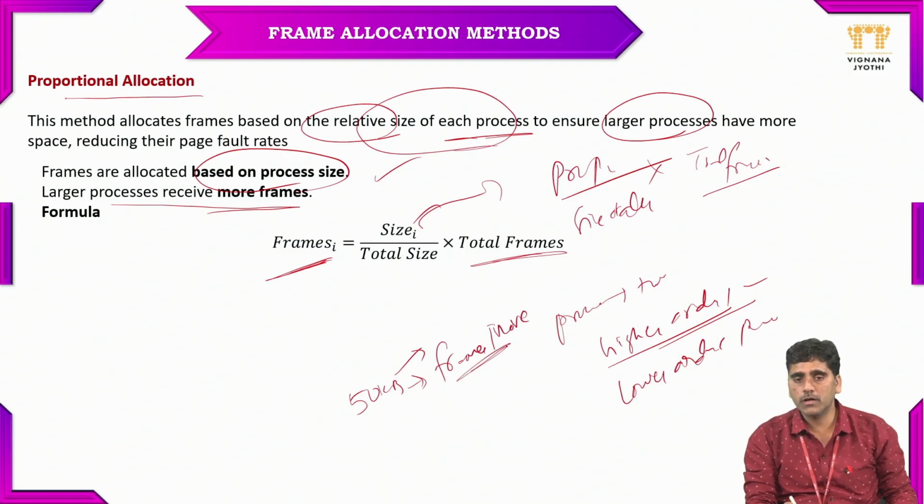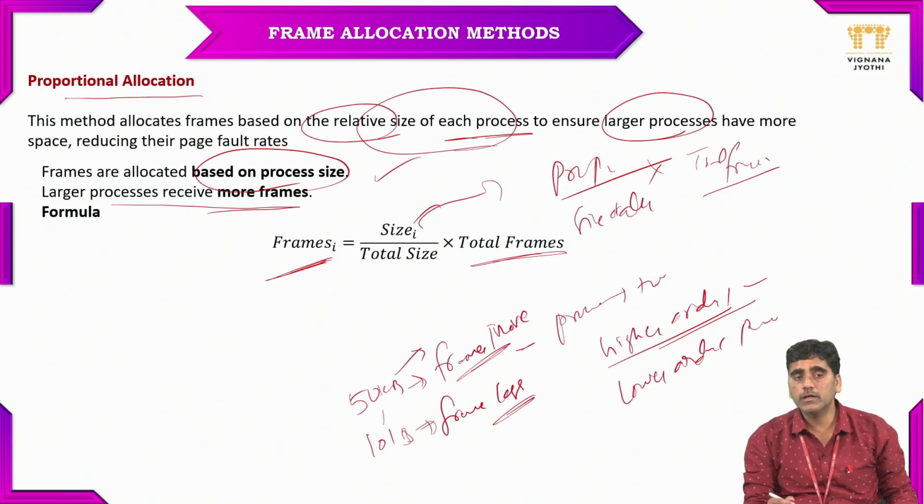If suppose a 10 kb process is there, which is less than 40 kb, then the number of frames required for this process is less. That is the point we are going to remember here.